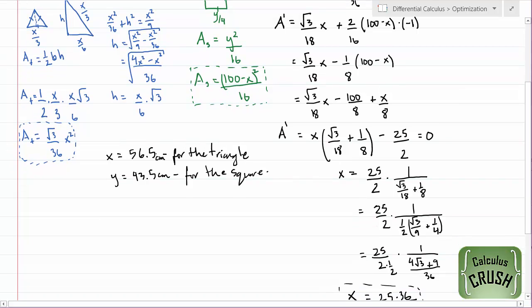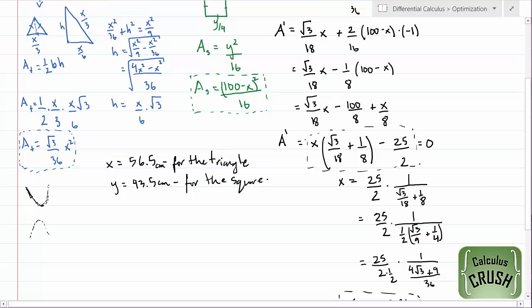Well, if it's a minimum, then we know that our function should be decreasing and then increasing. And if it's a maximum, our function should be increasing and then decreasing. So it's up to us to take a look at this function here and figure out what's happening to it.